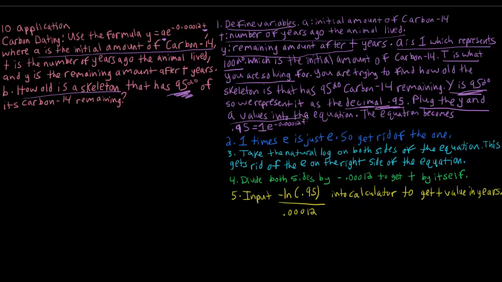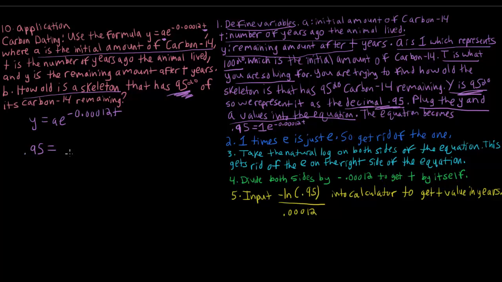So our equation, let's just write it again, y equals a e raised to negative 0.00012t. Our y again is 0.95, which is representative of 95%.